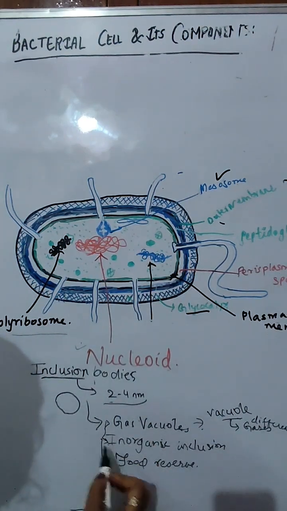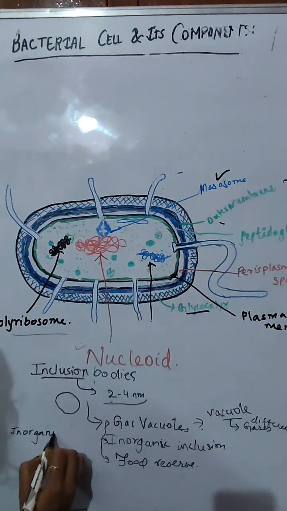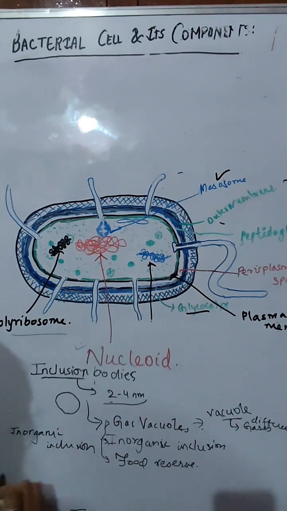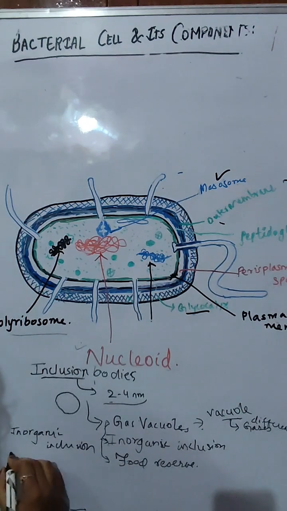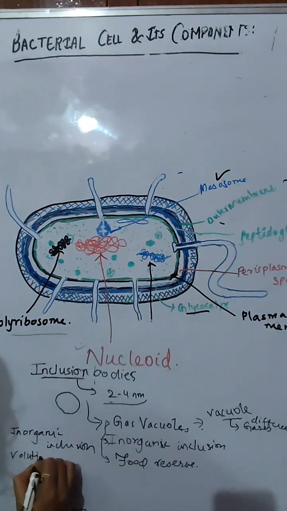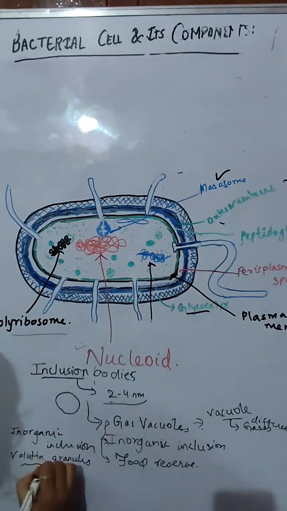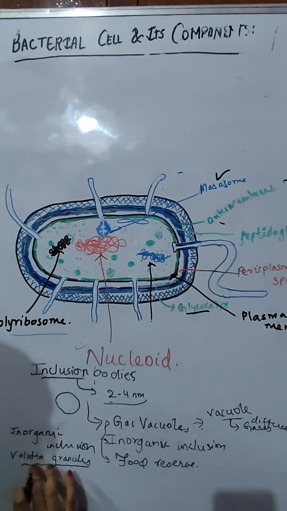Then next is inorganic inclusion. Inorganic inclusions are small bodies which have different granules. First is volatile granules. What is a volatile granule? It contains inorganic phosphate, acid, protein, lipid, and it is very small in size. It is also very essential for bacterial survival.